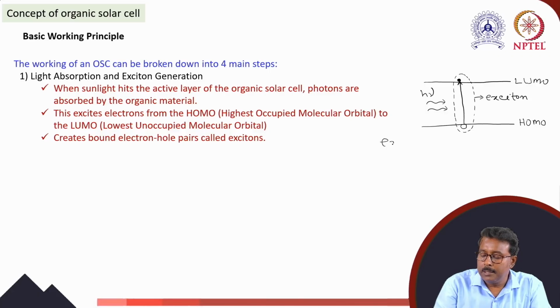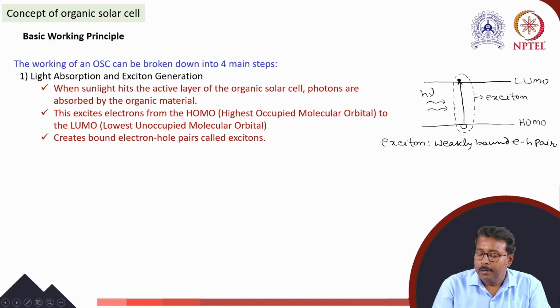So exciton is nothing but a weakly bound electron hole pair. Bound means it has some binding energy.